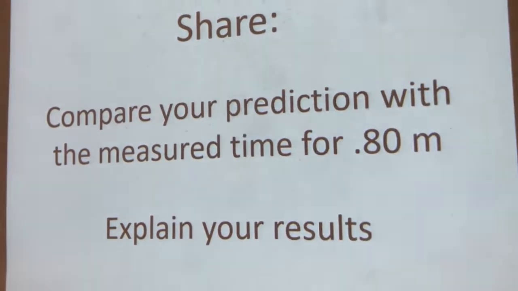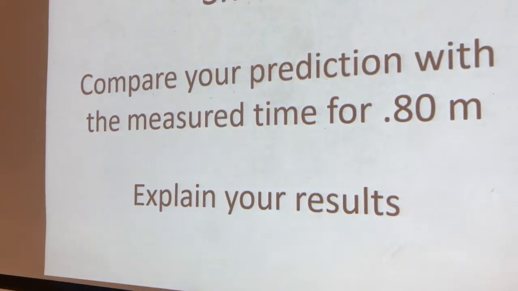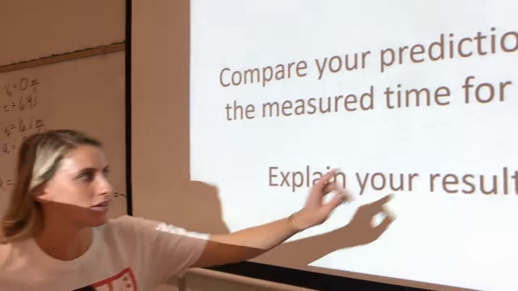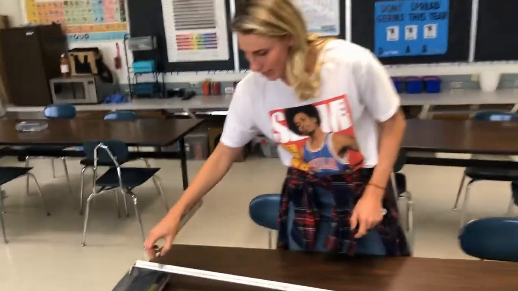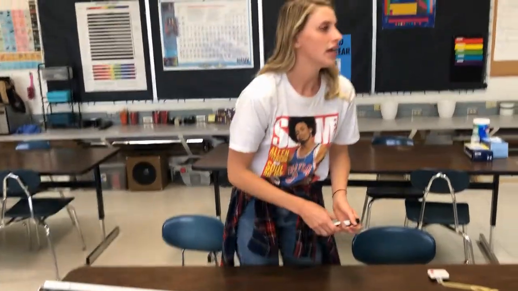In our last video, you rolled the ball down the track of 0.8 meters. It looks something like this. We measured 0.8 meters right here, let go of the ball, rolled it down, and timed it.